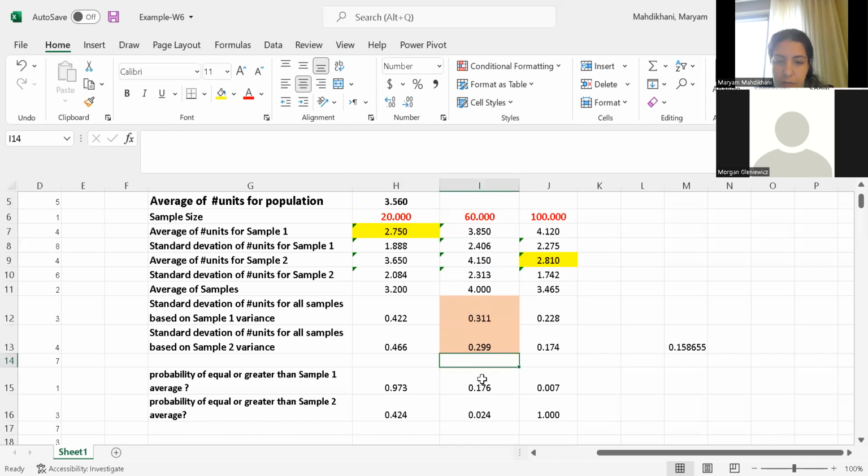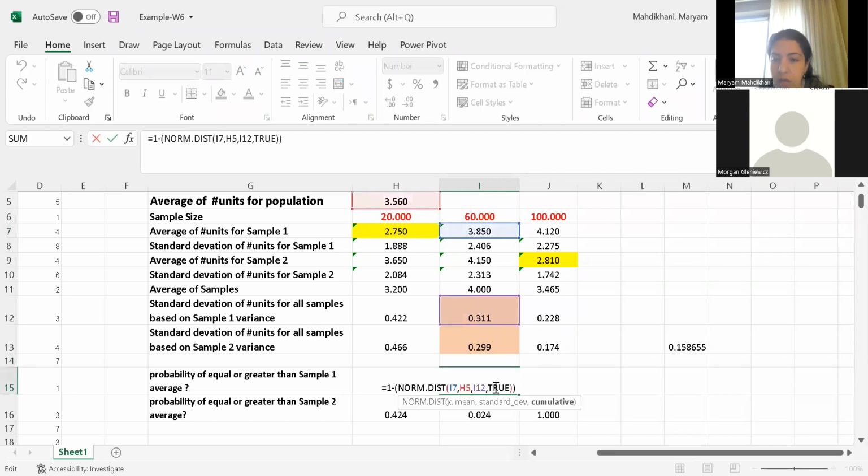Okay. Now I want to calculate the probability that any sample average would be greater than or equal to 3.85, sample 1 average, right? I want to calculate that probability.